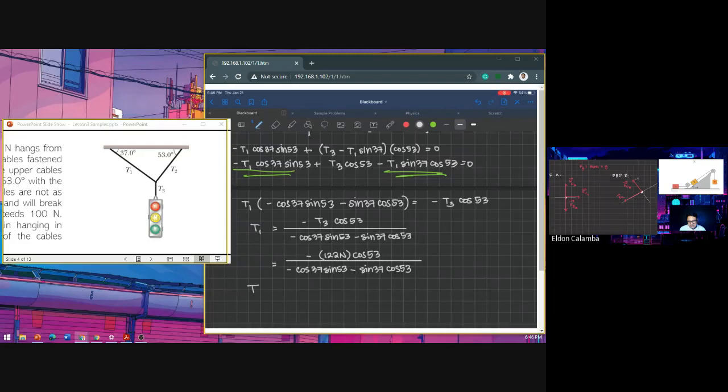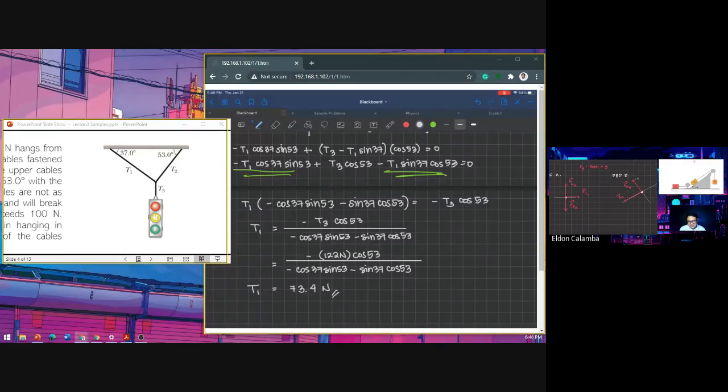So T1 is equal to... I hope you are doing the calculations also. Answer for this one, this is equal to 73.4 newtons. Now that is the value of T1.